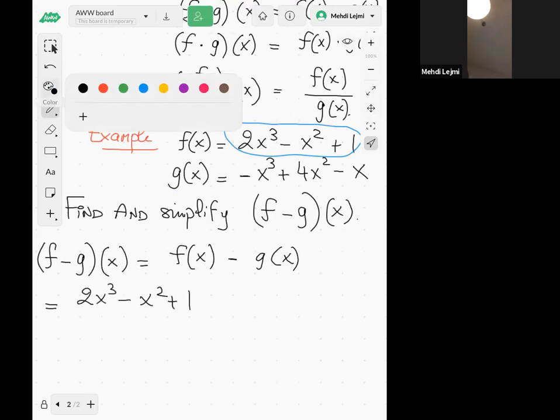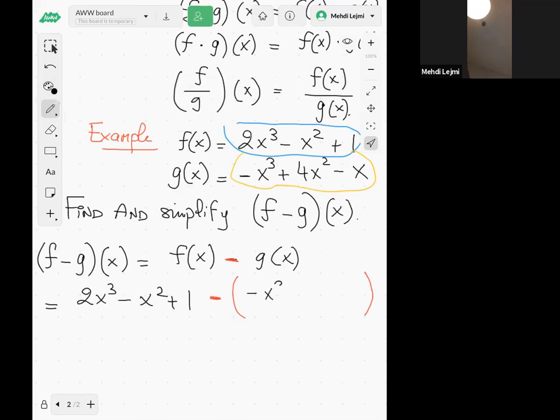And then there's this minus, and guys, the thing here is we need to use parentheses for g. Okay, so I'm gonna use parentheses, and inside the parentheses, I'm gonna put the g of x. My g of x, of course, is this thing here, minus x cubed plus 4x squared minus x.